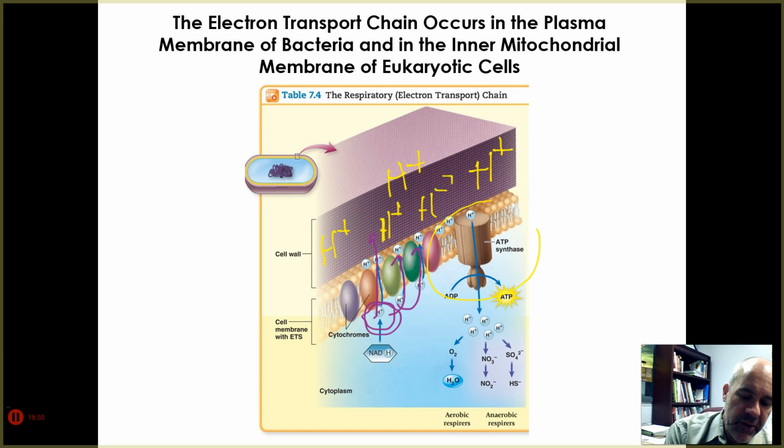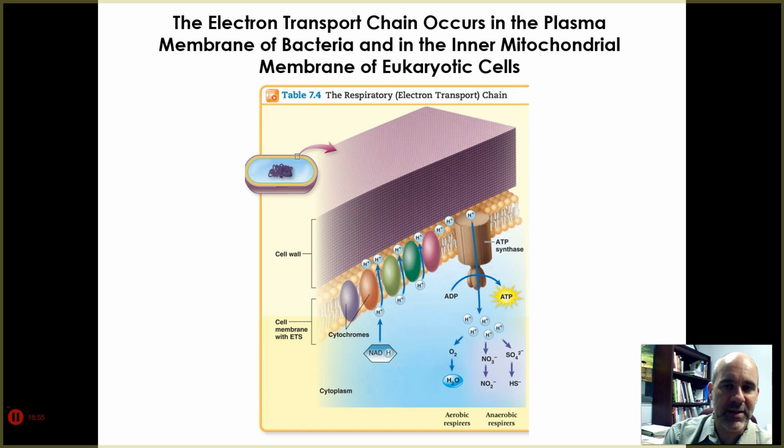Now I want to draw your attention over here to that molecule. That is a special protein, an enzyme called ATP synthase. So guess what ATP synthase does? Hopefully you're thinking that it's going to synthesize ATP. So basically you wind up with a buildup in concentration of hydrogen ions on that side of the cell membrane.